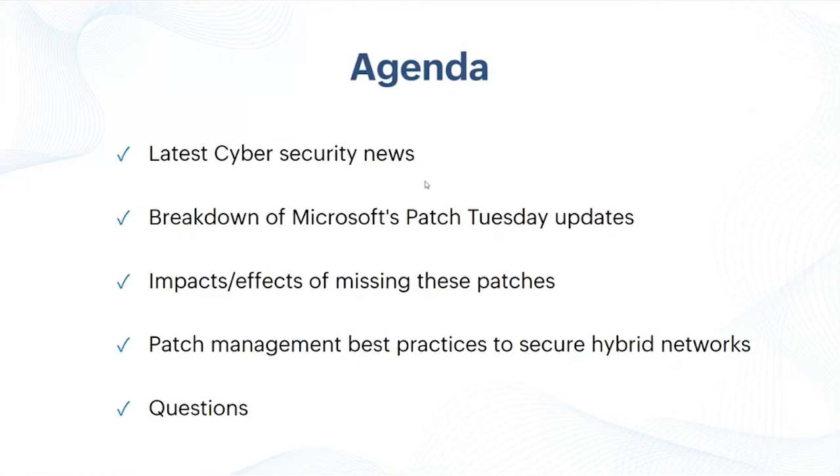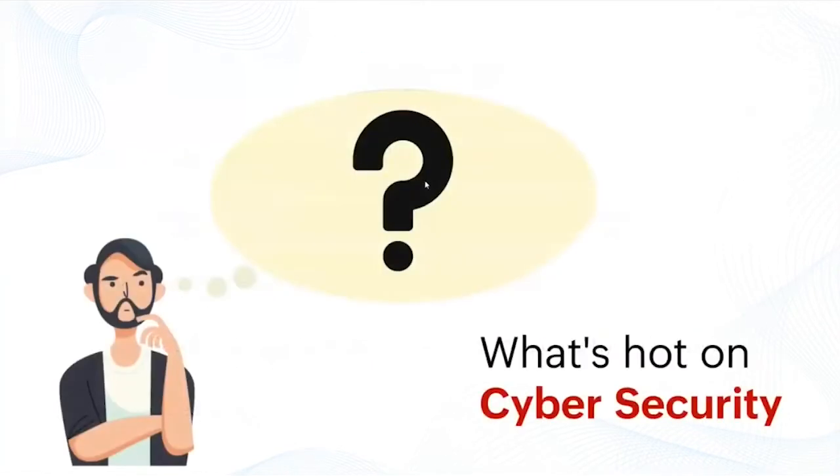And then we'll be sharing some of the best practices for managing patches in a hybrid network. Last of all, but certainly not the least, we'll have a question and answer session wherein our expert panel would be answering all your queries.